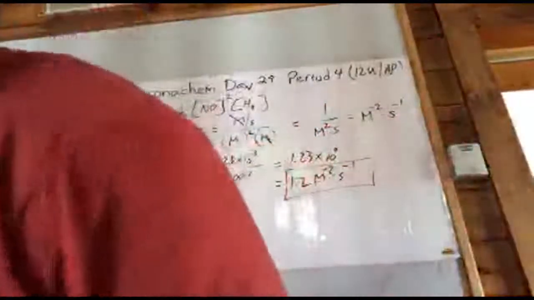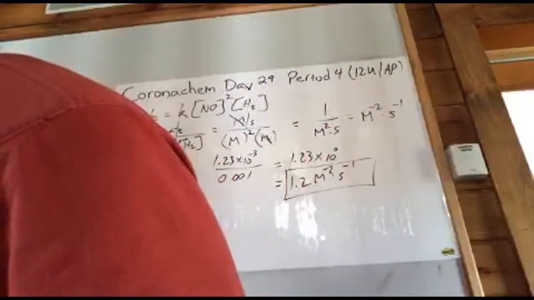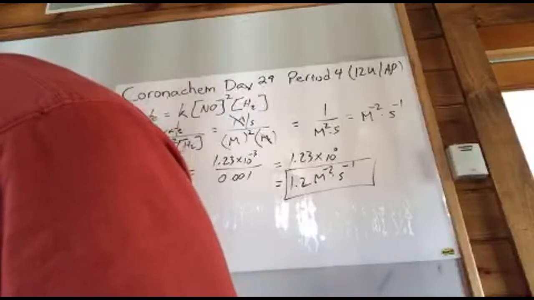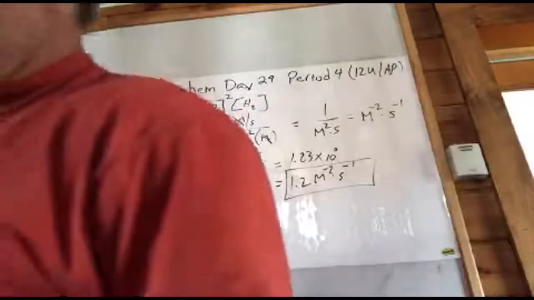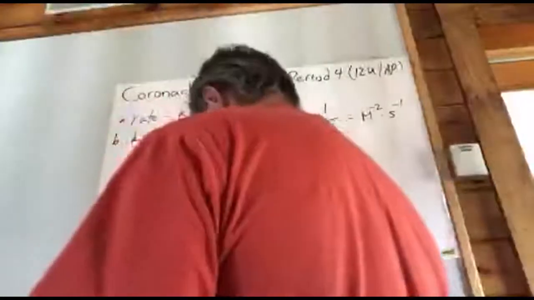And in part C, it says, calculate the rate when the nitrogen monoxide concentration is equal to 0.05 molar and the H2 concentration is equal to 0.15 molar. So let's do that as well.